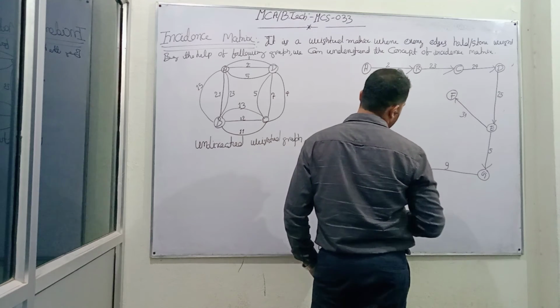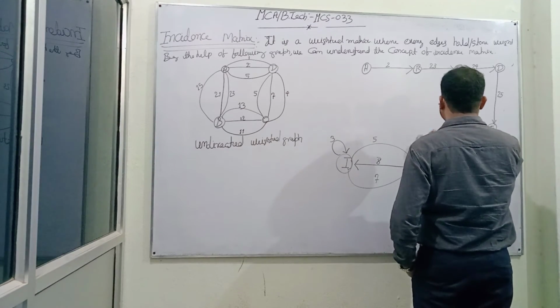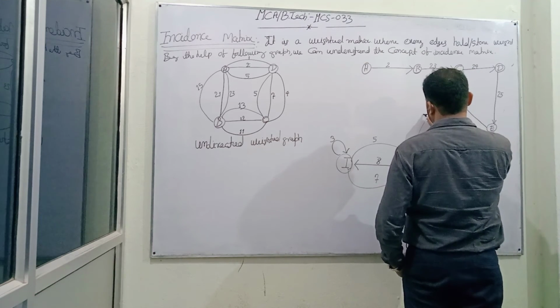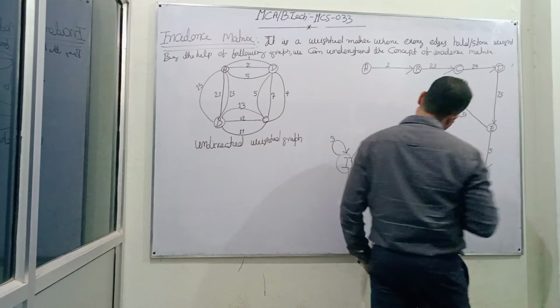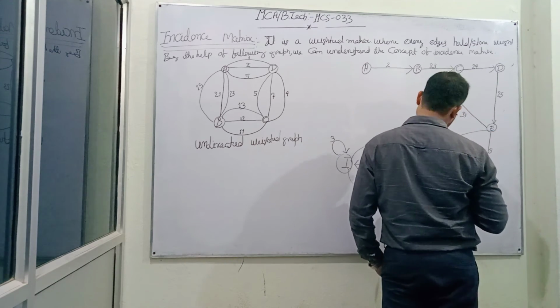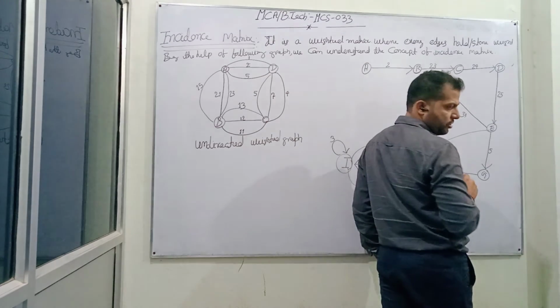Here weight is 7, and here we are going to construct of this graph like this, and here we will see H is 9, and here we will check this one, and here we will write 12.